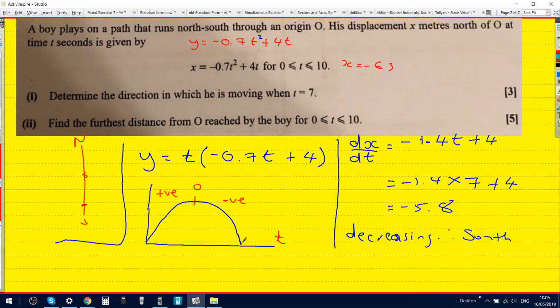So my graph has to continue on down to here. How high up is it at the maximum though? It could be plus 40. Isn't that going to be 30 up as well? Might not be.